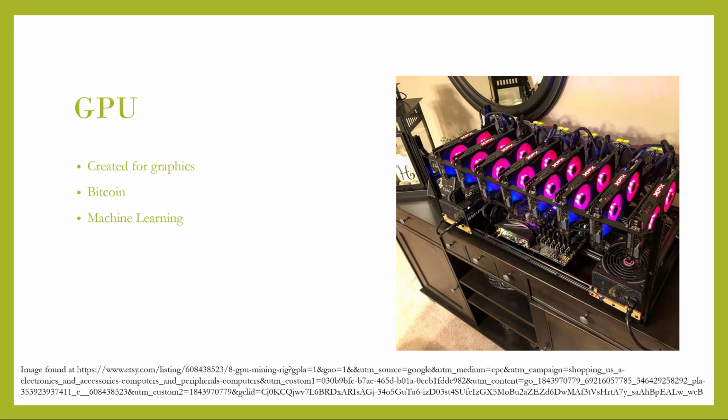The benefit to having these GPUs instead of a really good CPU is that it's much, much cheaper. Another thing GPUs are often used for is machine learning. Some intense machine learning can happen with GPUs.